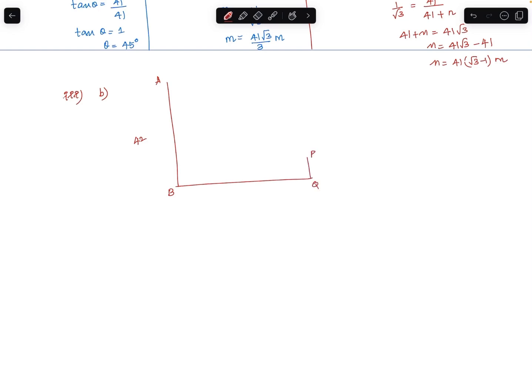PQ is Shreya's height, which is 1 meter. BC is also 1 meter. Now that Shreya has walked 41 upon root 3 meter from the base of the building, CP is parallel and equal to BQ. So it is also 41 upon root 3.